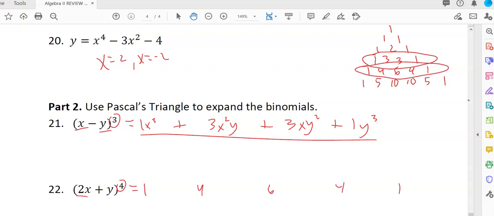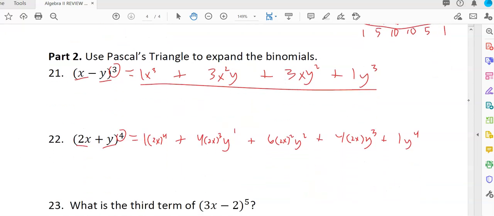Okay, 2x is being put to the fourth power, so quantity 2x to the fourth, quantity 2x to the third, quantity 2x to the second, and quantity 2x. Last one starts with the last term, y to the fourth, y to the third, y to the second, y to the first. Pluses on all these.